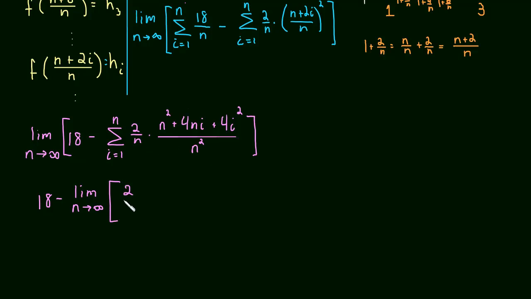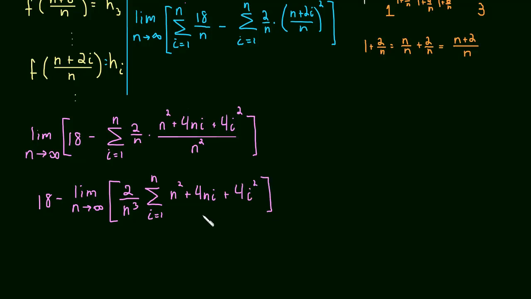I'm going to write 2 over n cubed, so that's this 2 over n and this n squared down here, if you just factor those out, times the sum, so i goes from 1 to n of n squared plus 4ni plus 4i squared.